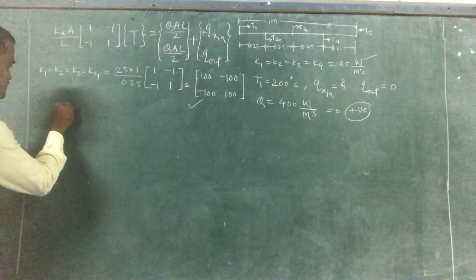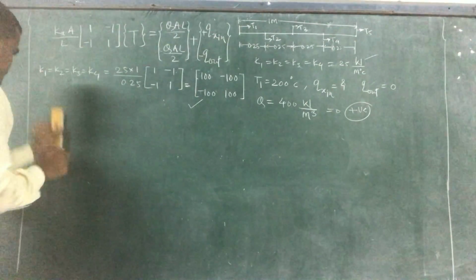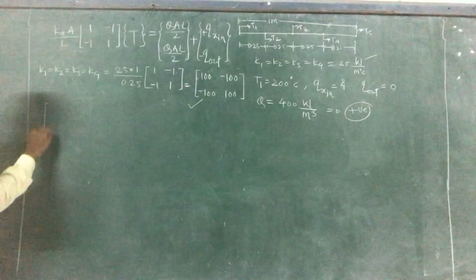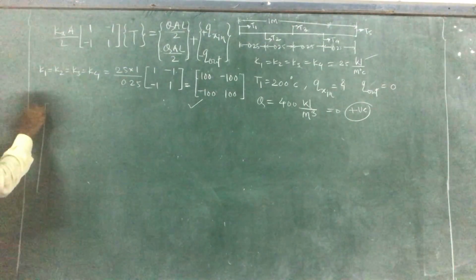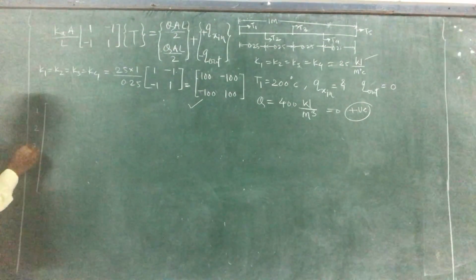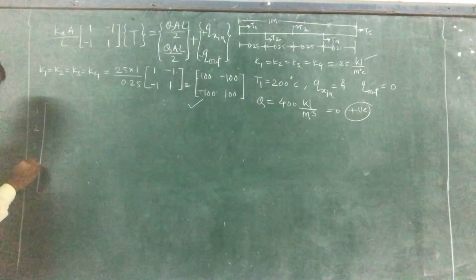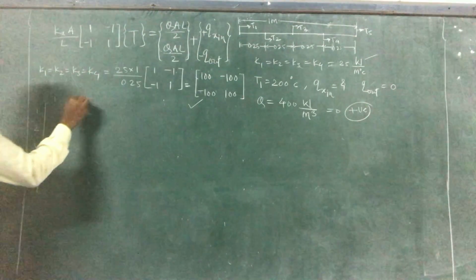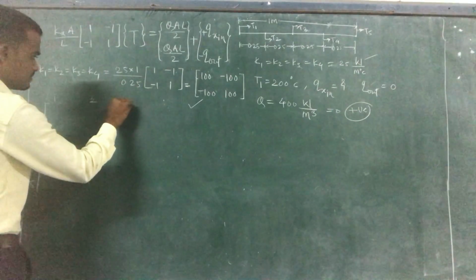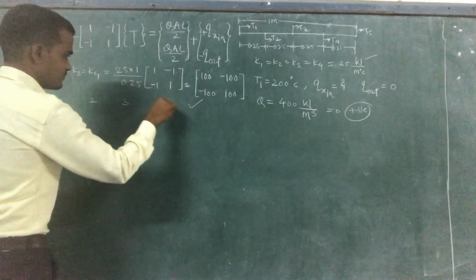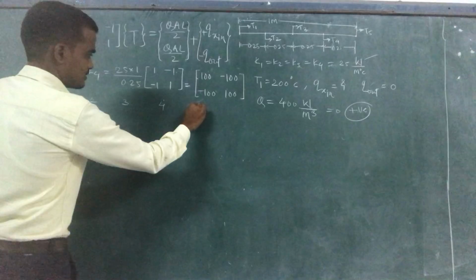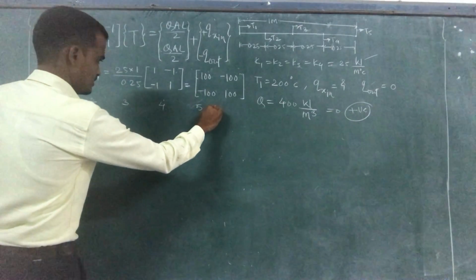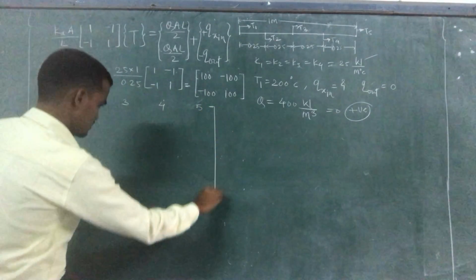So this will become equal to 1, 2, 3, 4 and 5. Similarly 1, 2, 3, 4 and 5. So it must be of order 5 by 5.